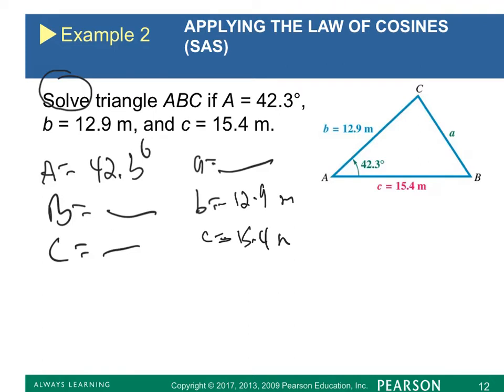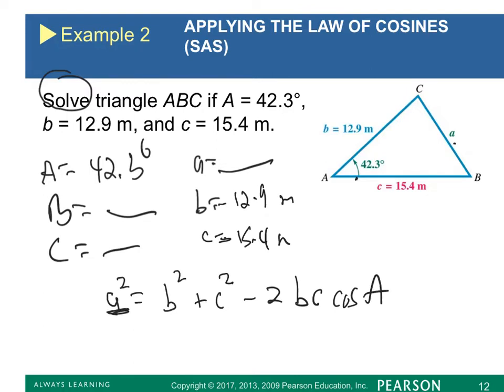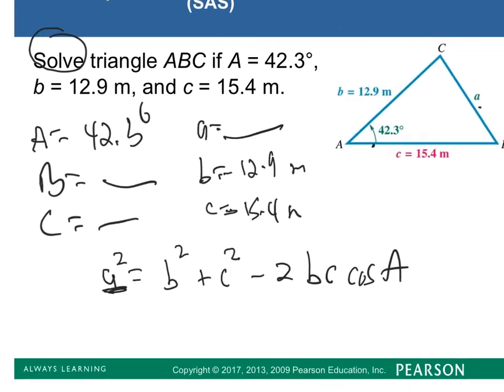All right, so I'm looking for side A. It goes with angle A, so obviously I'm going to start with looking for A. A squared must be equal to the other two sides, B squared plus C squared minus 2BC cosine of the angle that goes with A. Plug everything in.